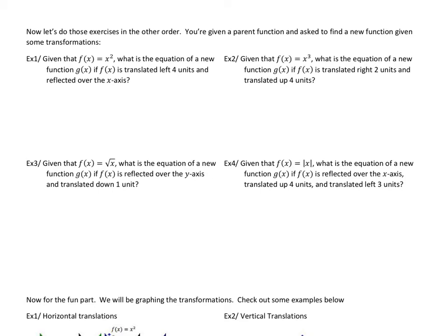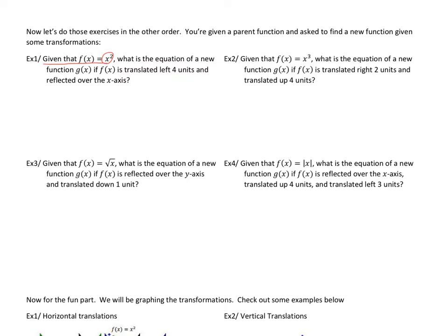Given the fact that we have this parent function, which ends up being quadratic. I'm not going to write them this time, but it's important to know which one you're dealing with. What is the new function, g of x, if f of x is translated left 4 units and reflected over the x-axis?